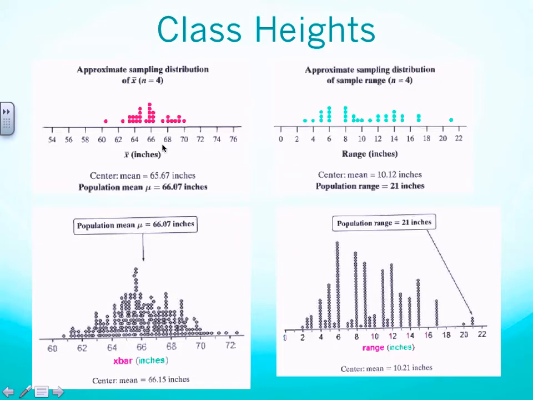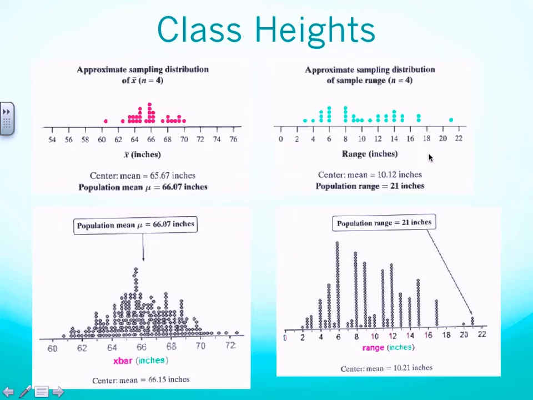After taking a few samples, well, more than a few, but not too many, it was pretty close together. The center was still centered on the true value, on the true population mean. If you see the one below, it's actually even closer. It's more accurate the more samples that they took. The population mean was 66.07. The sample distribution shows a mean of 66.15. So they're both centered around the actual population mean.